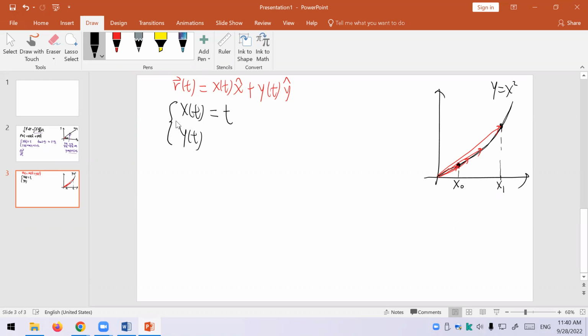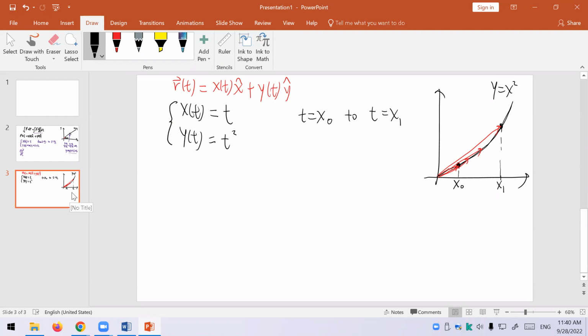And I need t to go from x0 until t reaches x1. Then y is x squared and x is t, so this is t squared.